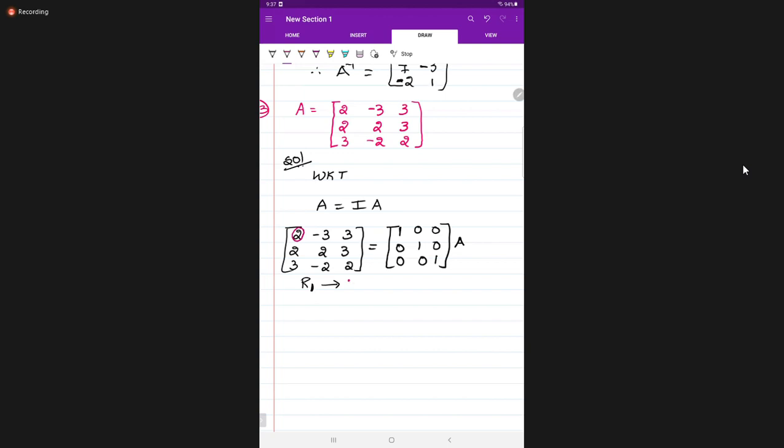Students, listen. You can write like this: R1 plus R2 minus R3. 2 plus 2 is 4. 4 minus 3 is 1. R1 is 2, R2 is 2, so 2 plus 2 minus 3, how much? 1 only, right?